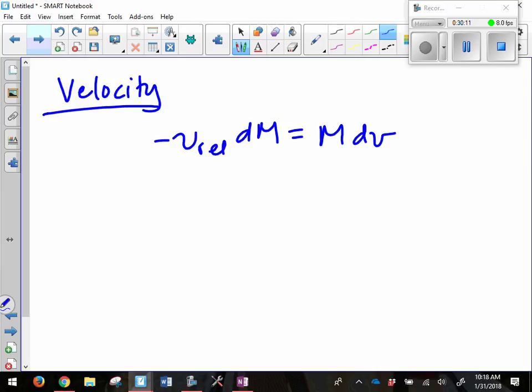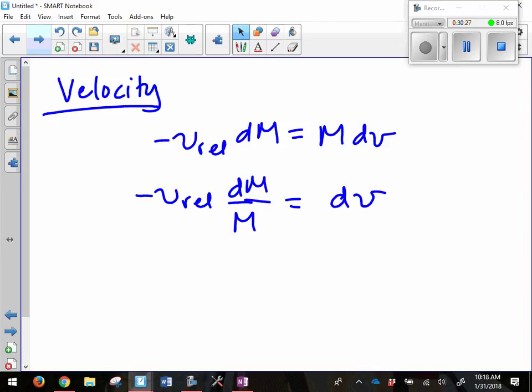So I need to rewrite this a little bit because I need to get all my ms over with my dms. So I end up with negative vrel dm over m is going to be equal to dv.